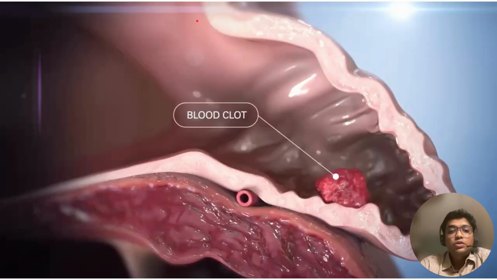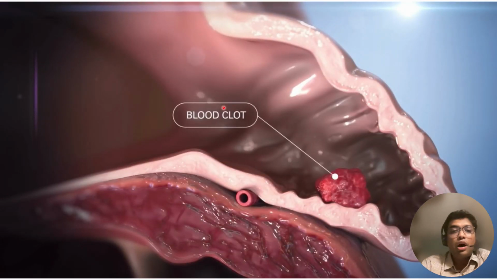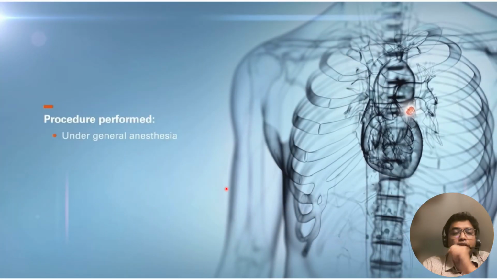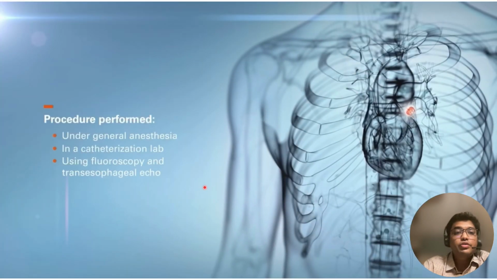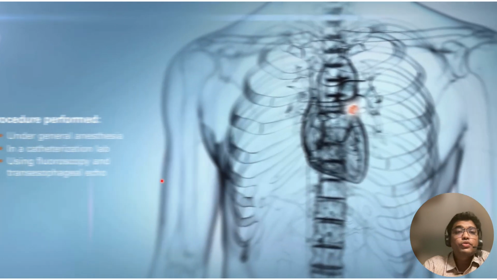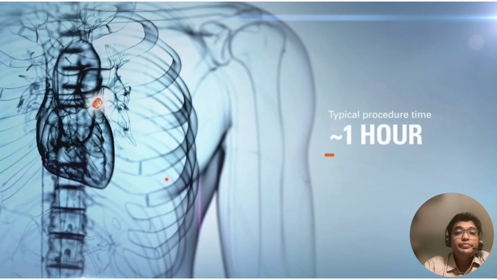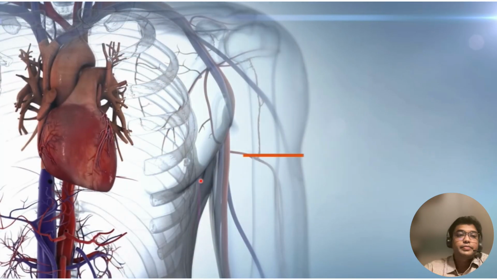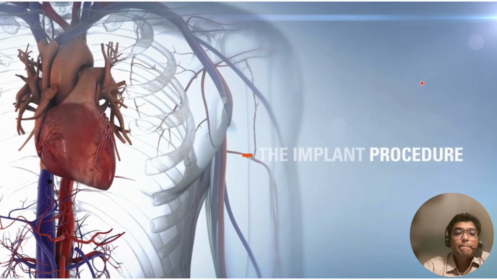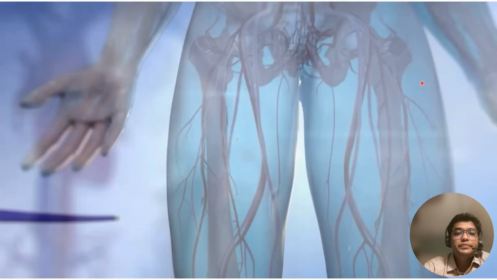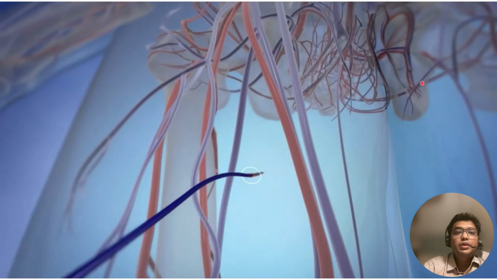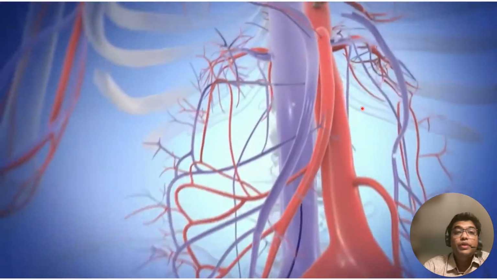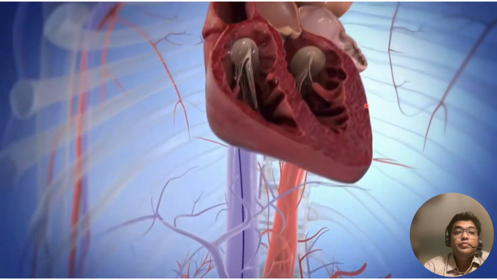So this is a small video of how the procedure takes place. It is done under general anesthesia in a catheterization lab under fluoroscopy and transesophageal echocardiographic guidance. Similarly, femoral vein access is done.